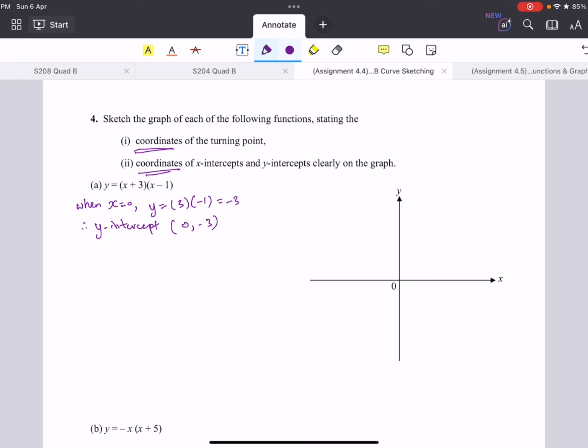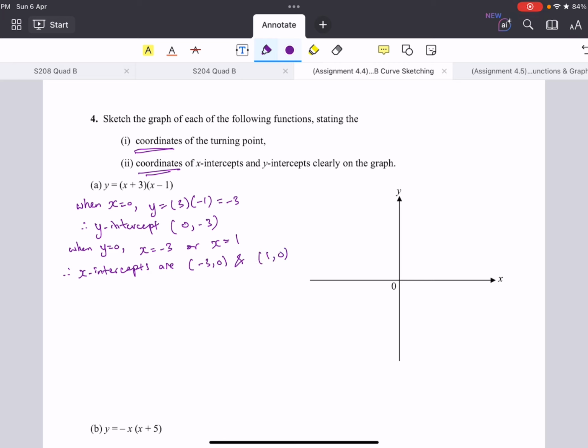After that, we also want to find the roots. So when y is equal to 0, x is equal to negative 3, or x is equal to 1. Therefore, the x-intercepts are (-3, 0) and (1, 0).